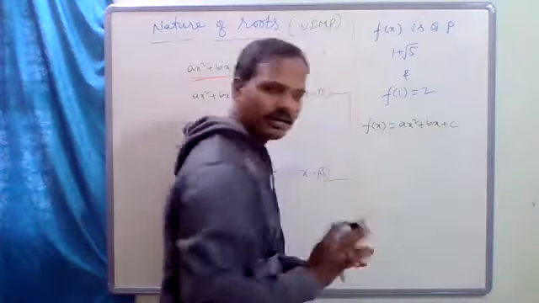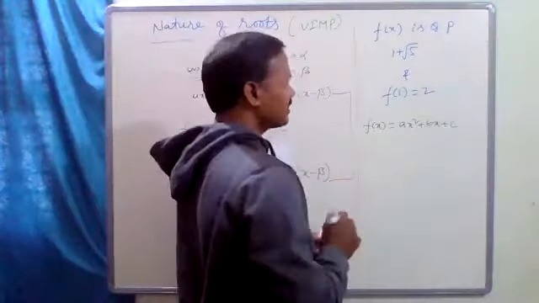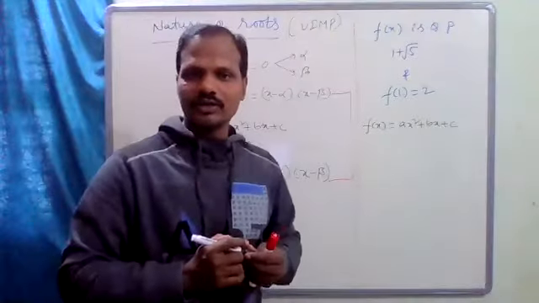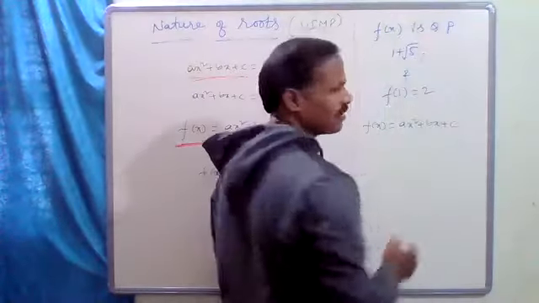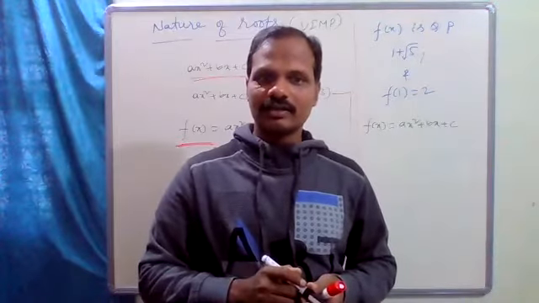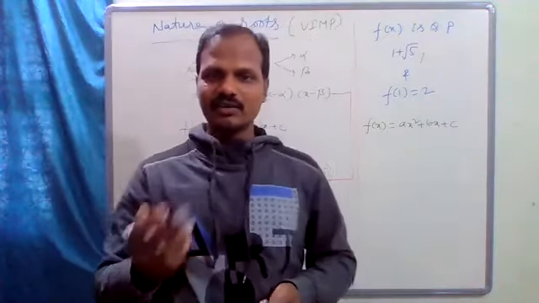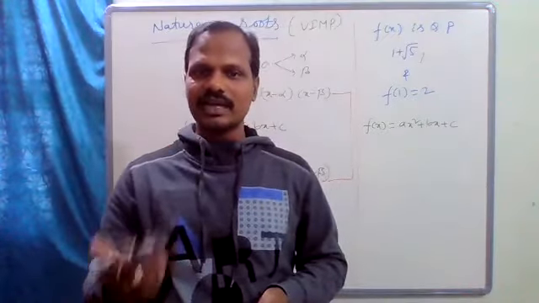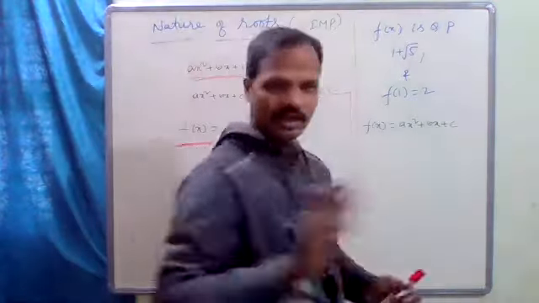Now what is given? One of the roots is 1 plus root 5, which is an irrational root. We already discussed in theory that irrational roots and imaginary roots always occur in pairs.